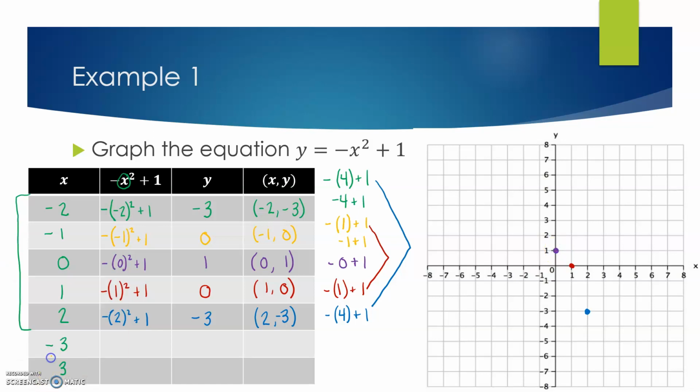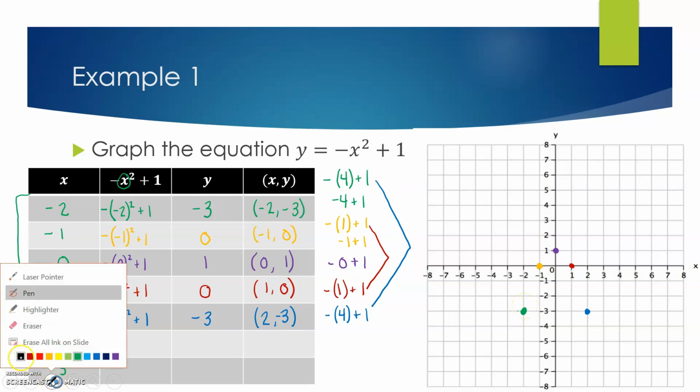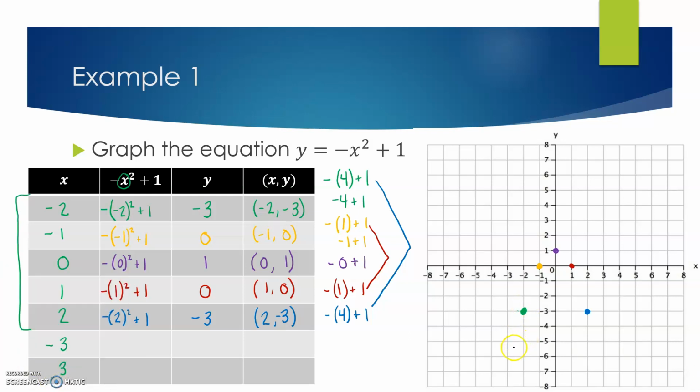And then I have negative 1, 0. And then I have negative 2, negative 3. So here are my points. And it actually makes sense that I have points that are repeating, because when I connect my dots, it makes that upside down U shape.